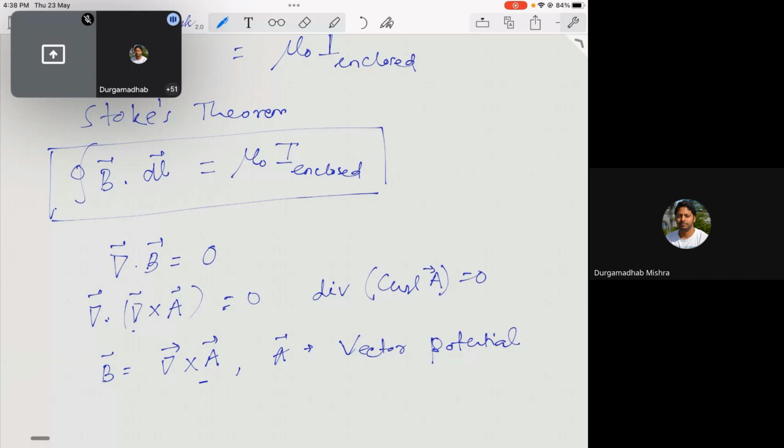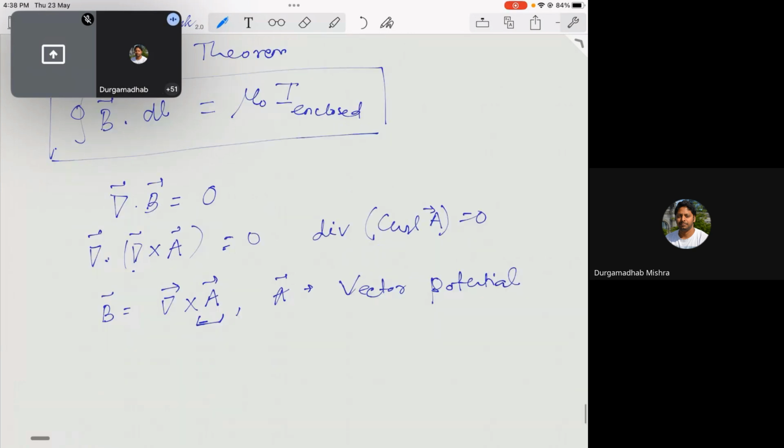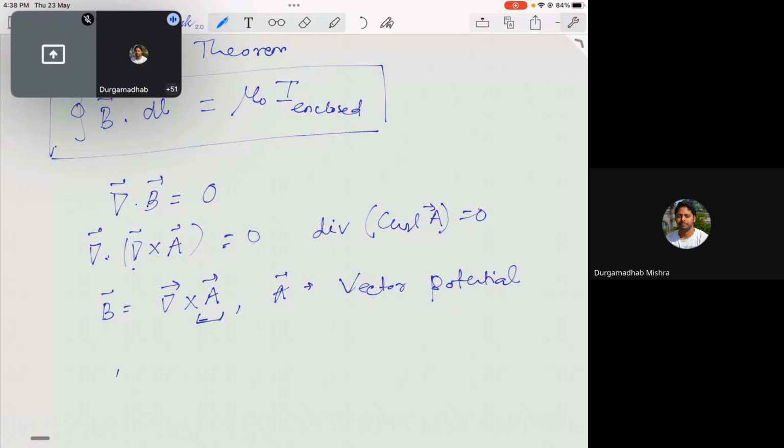Now the choice of A, so what should be A, can actually be arbitrary. Why? Let's say I define a new vector, A plus the gradient of a scalar.